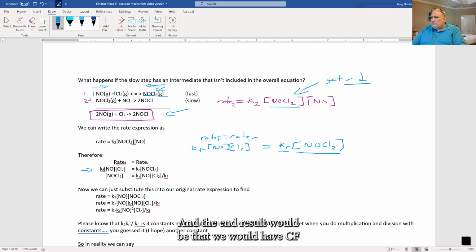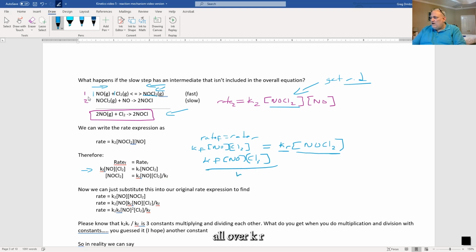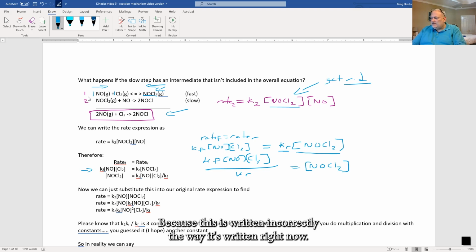The end result would be Kf times NO times Cl2 all over Kr is equal to NOCl2. And I just realized this is written incorrectly. The way it's written right now, this should actually be Kf and this should be Kr on the bottom.